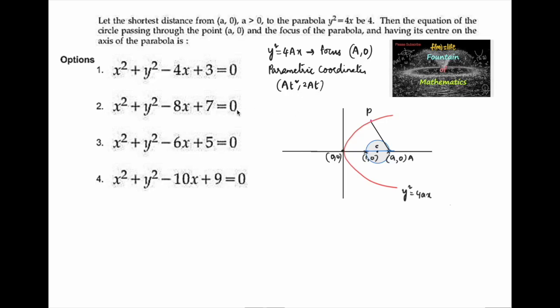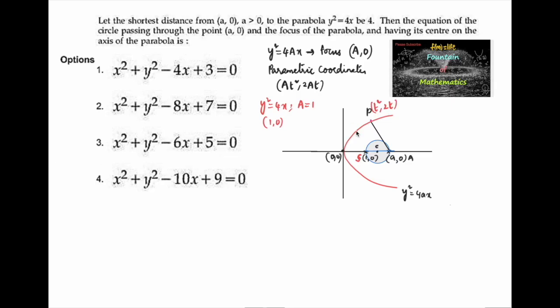So here in this parabola y square is equal to 4x, here a is equal to 1. So the focus can be taken as 1 comma 0. So here 1 comma 0 is the focus. And a comma 0, so the parametric coordinates we can write it as 1t square, that is t square comma 2t.